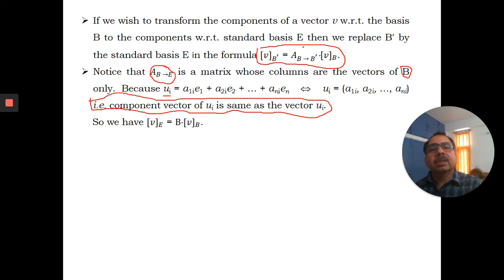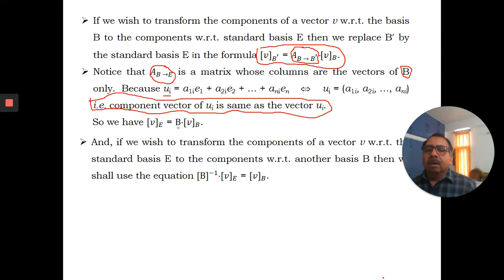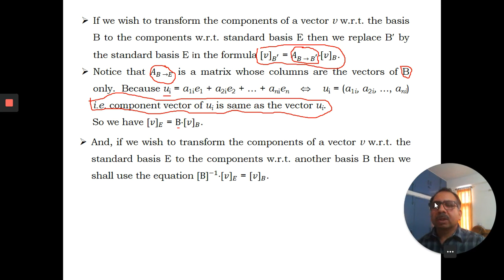So this matrix will be replaced by B. So we get VE is equal to B VB. Also notice that if we wish to transform the components of a vector with respect to the standard basis E to the components of the same vector with respect to another basis, then what shall we do?